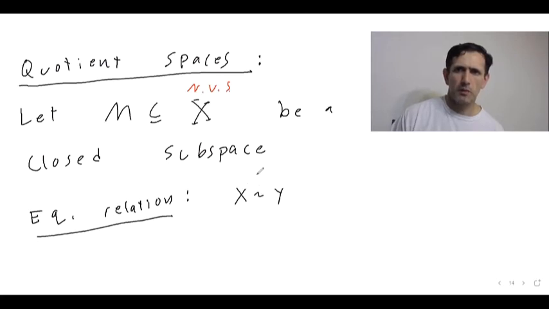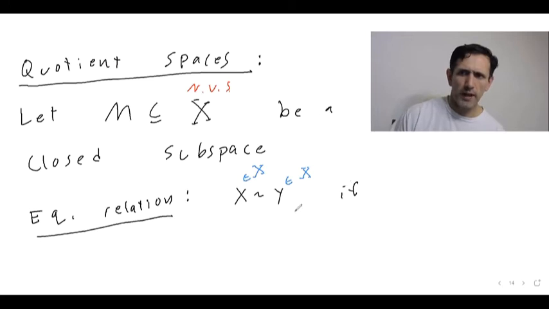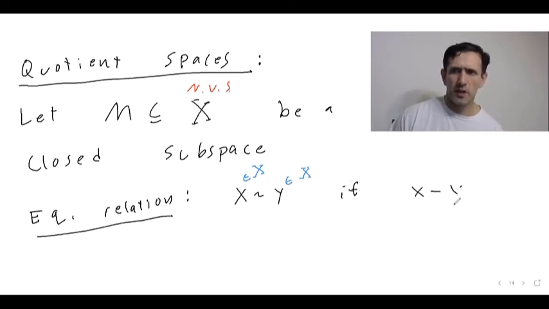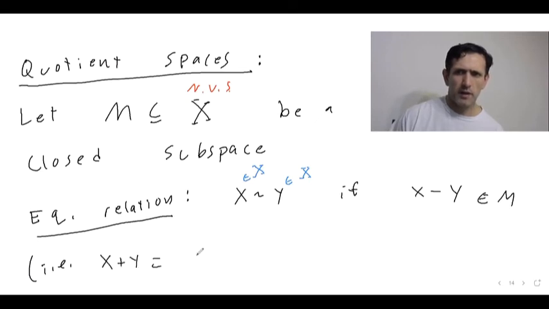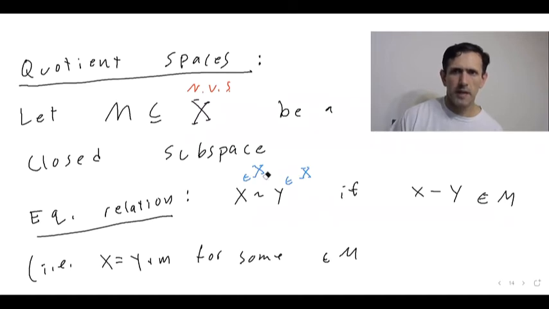Both of these we're assuming are in big X. So x is equivalent to y if x minus y is in big M, which is the same thing as saying x equals y plus m for some little m in big M.